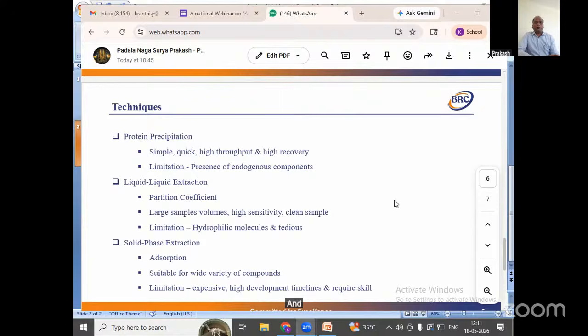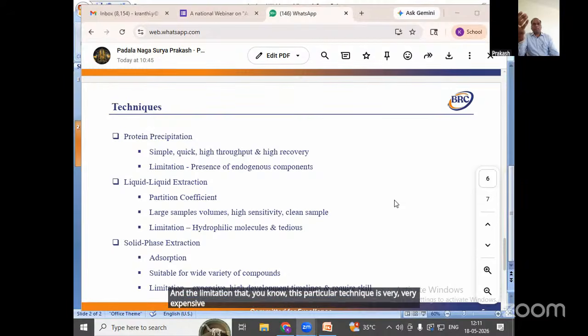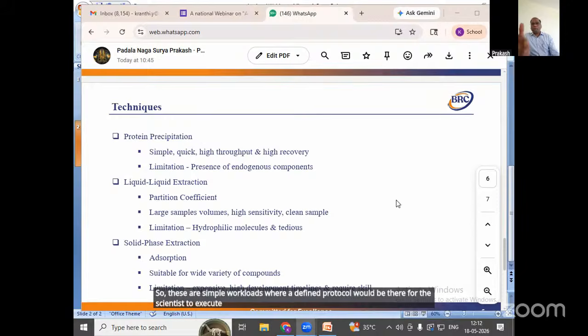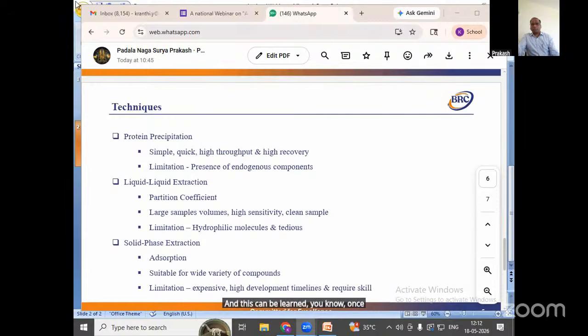The limitation is that this particular technique is very expensive because the cartridges are highly expensive, and the sourcing of cartridges is also time consuming. It also requires a certain level of understanding of the science by the scientist or the technician who performs it, and it certainly requires some skill when compared to the other two. Those are simple workflows where a defined protocol would be there for the scientists to execute, and these can be learned once someone enters the industry.